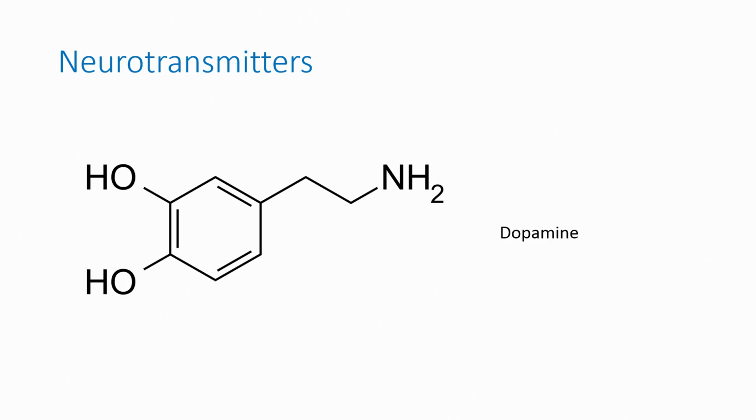Specifically, they were trying to ask what happens to dopamine in this group of animals when the animal is learning the task. Dopamine is known to be a reward signal.